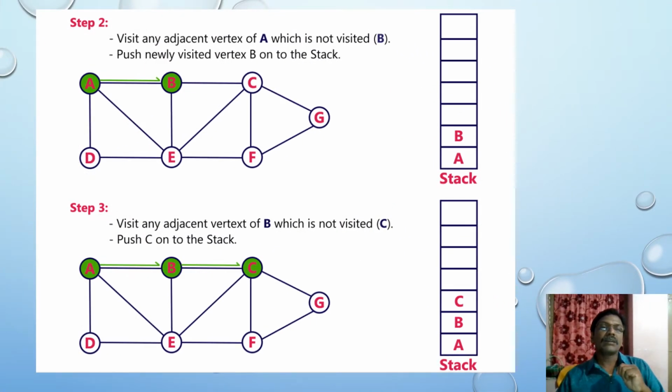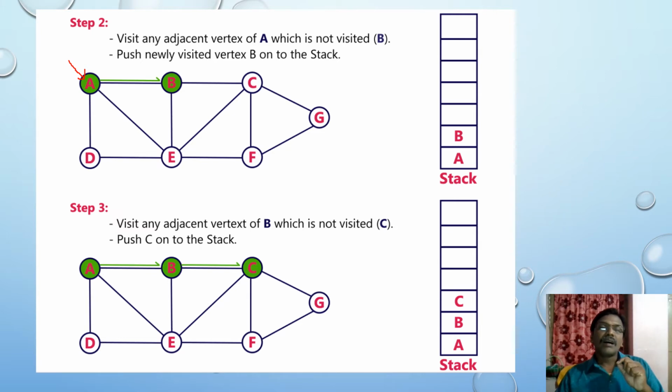Presently, I'm choosing A. Then step 2, for the present visited vertex, check the existing non-visited vertices. The non-visited vertices are D, E, B. Among these 3 vertices, I'm choosing B. So B is also marked, and then B is pushed into the stack because B is a visited vertex.